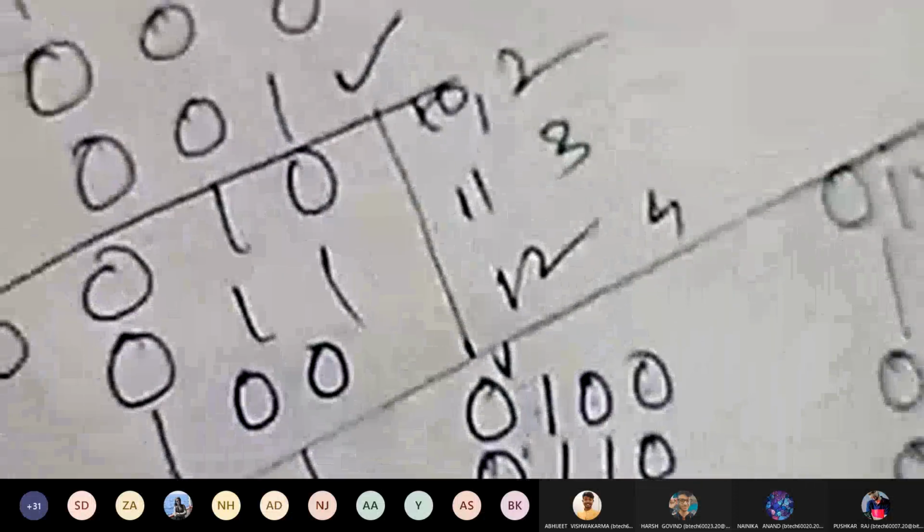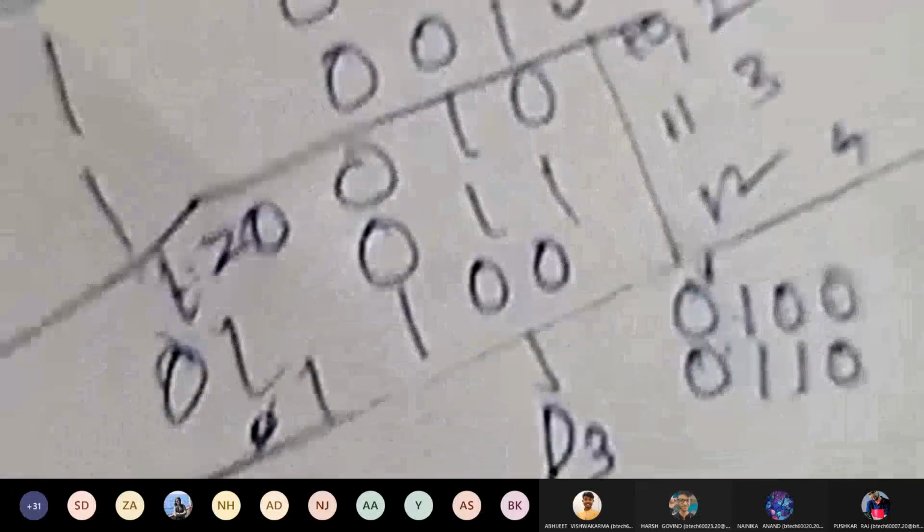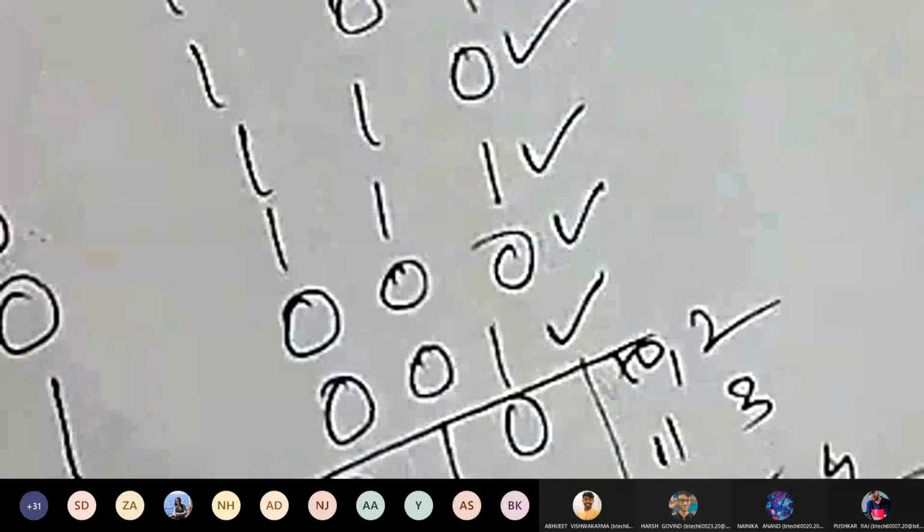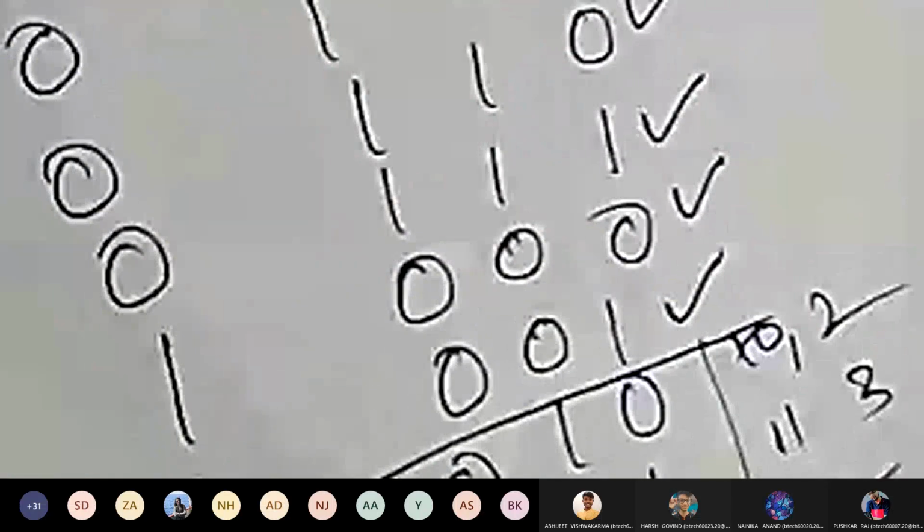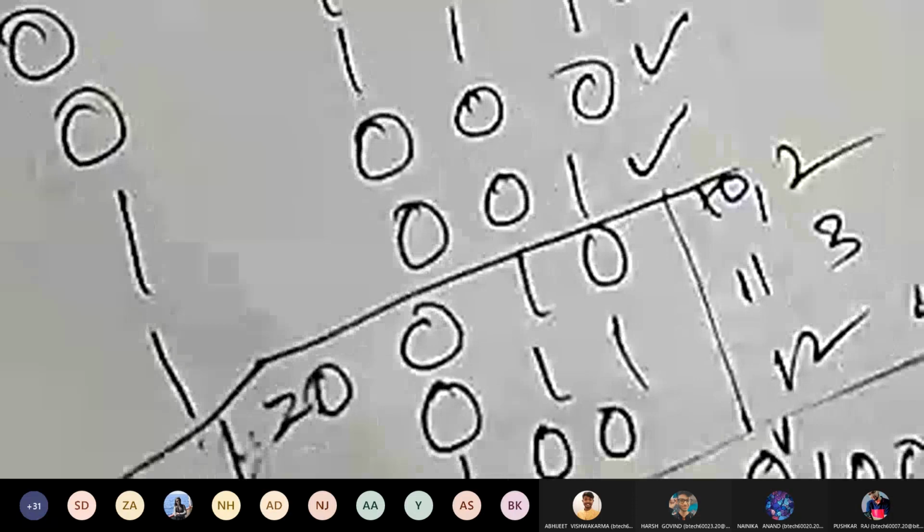Ma'am, can you please repeat your question? I'm asking how you will find out the expressions so that I can draw the BCD adder. So the main motto is instead of this 1, I have to put 0. So what will you do to get the output?